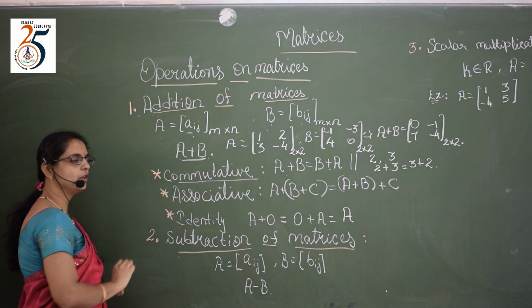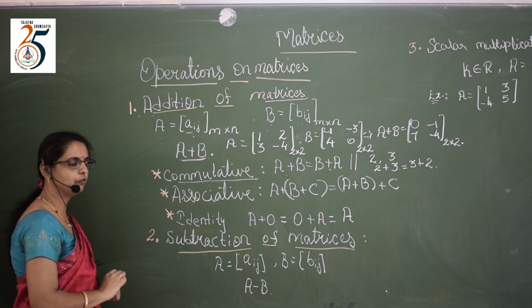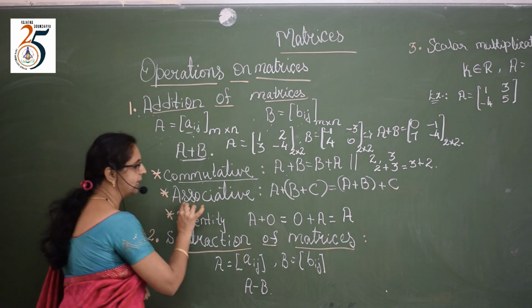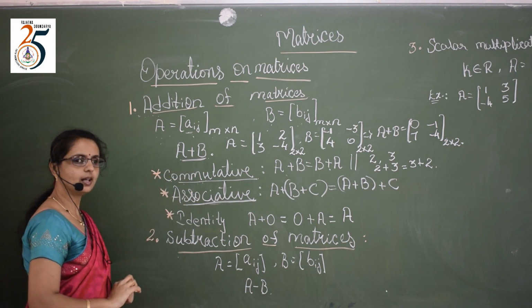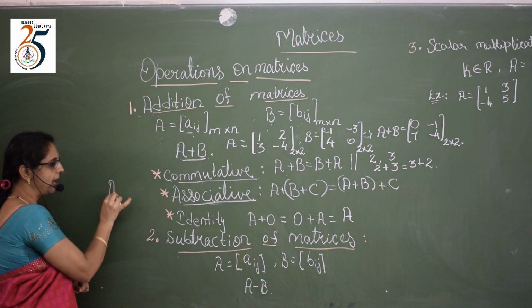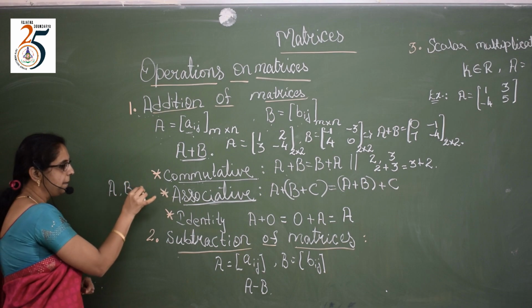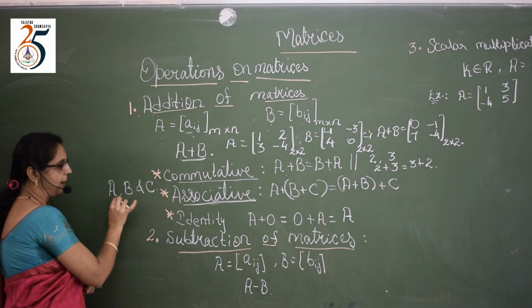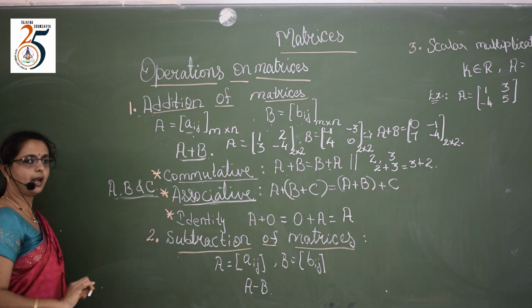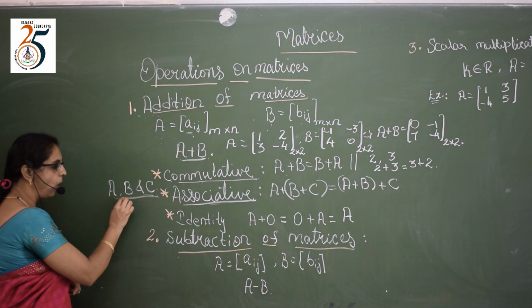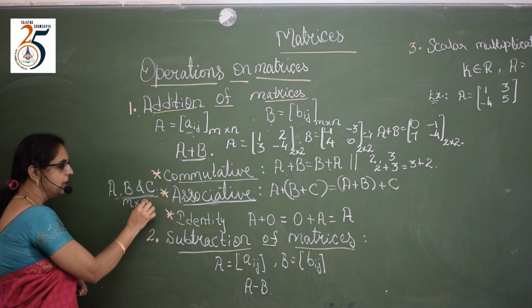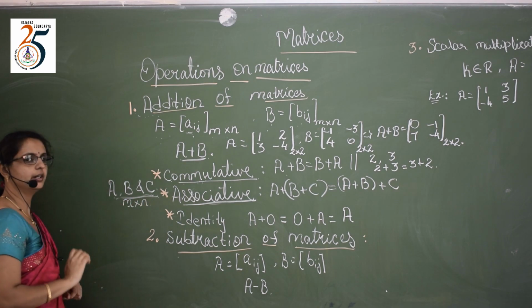Let us move on to the second property of addition of matrices, called associative. Now, in place of two matrices, I am going to consider three matrices. Let A, B and C be three matrices. One very important condition is that all three matrices must be of equal order.